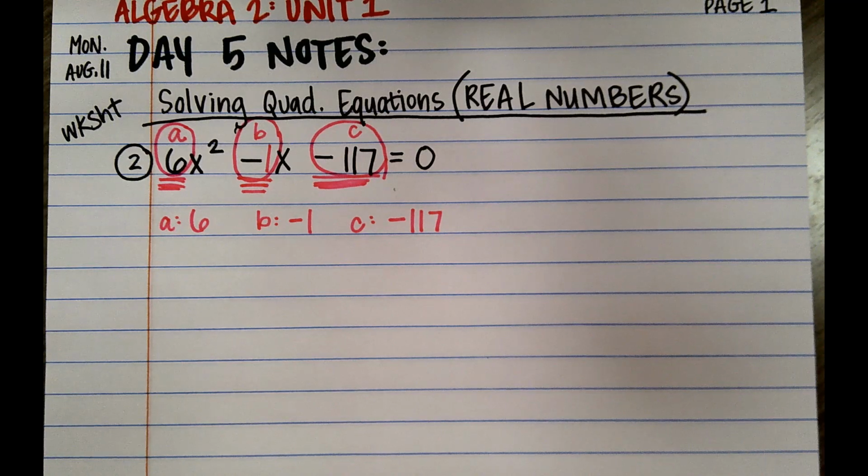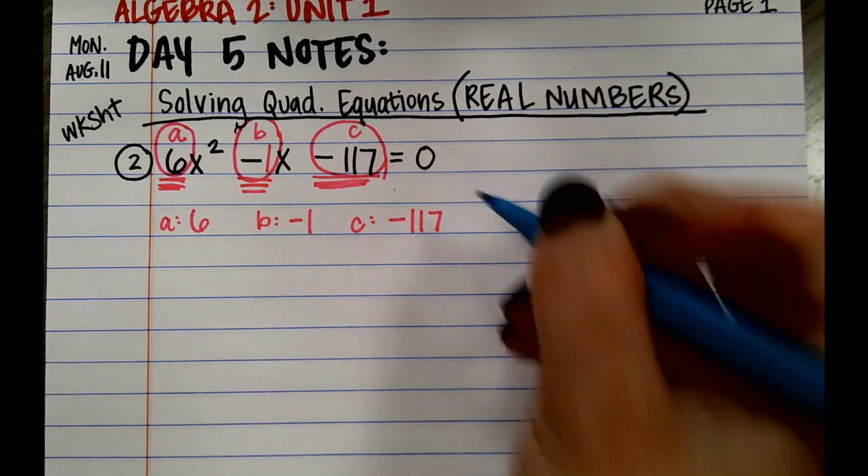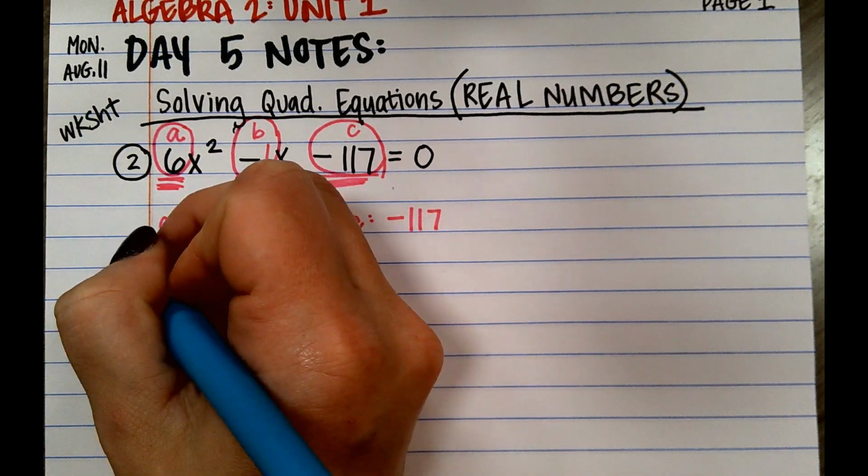Is it the next step? Yeah. Well, you're just plugging all the info into the formula. Okay. The discriminant formula. Okay, so next we'll use the discriminant formula. Thank you.